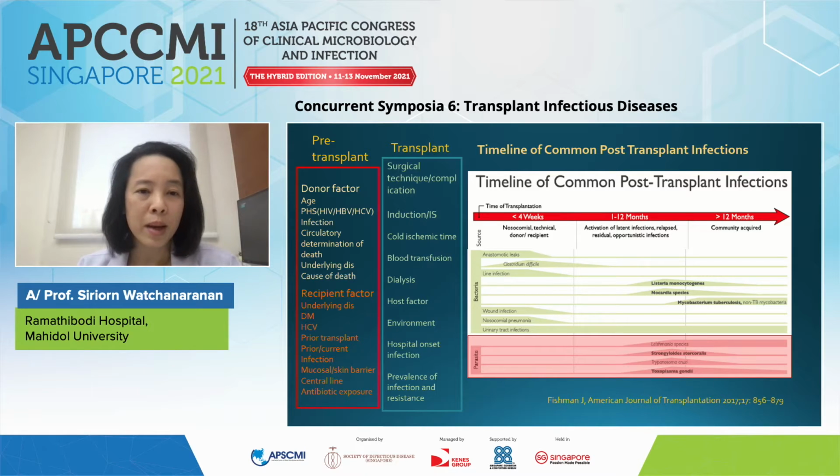For less than 1 month after transplant, hospital-onset infection and infection related to technical surgery also play significant roles. However, donor and recipient risk of unrecognized infection or previously untreated infection is also very significant in early post-transplant. For 1 to 12 months, if you see the red square, parasite infection can start to be seen in the 2nd and 3rd phase.